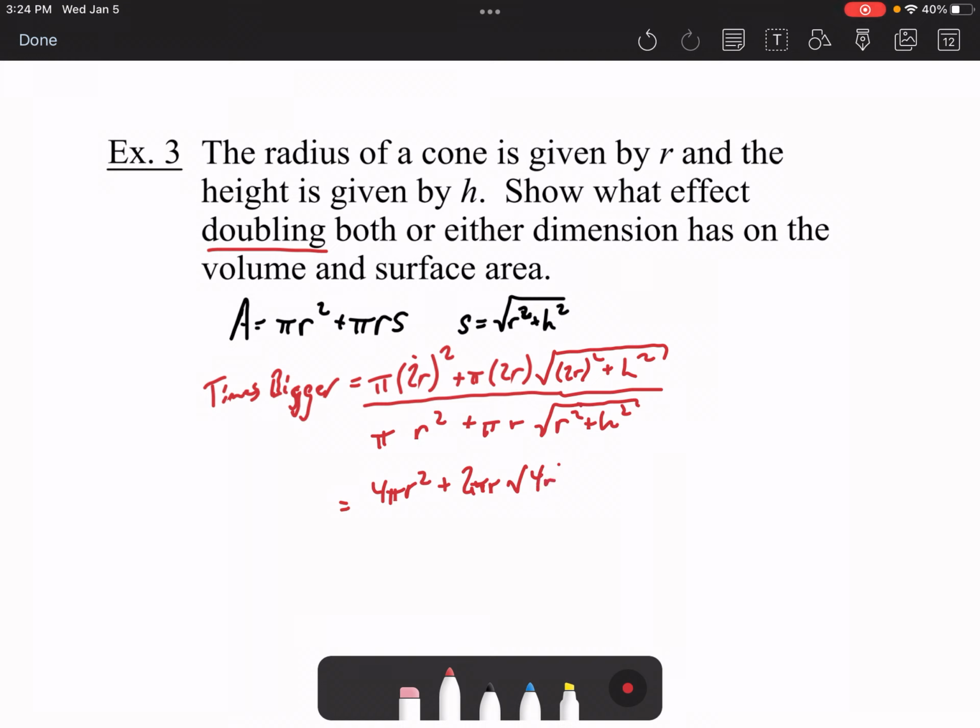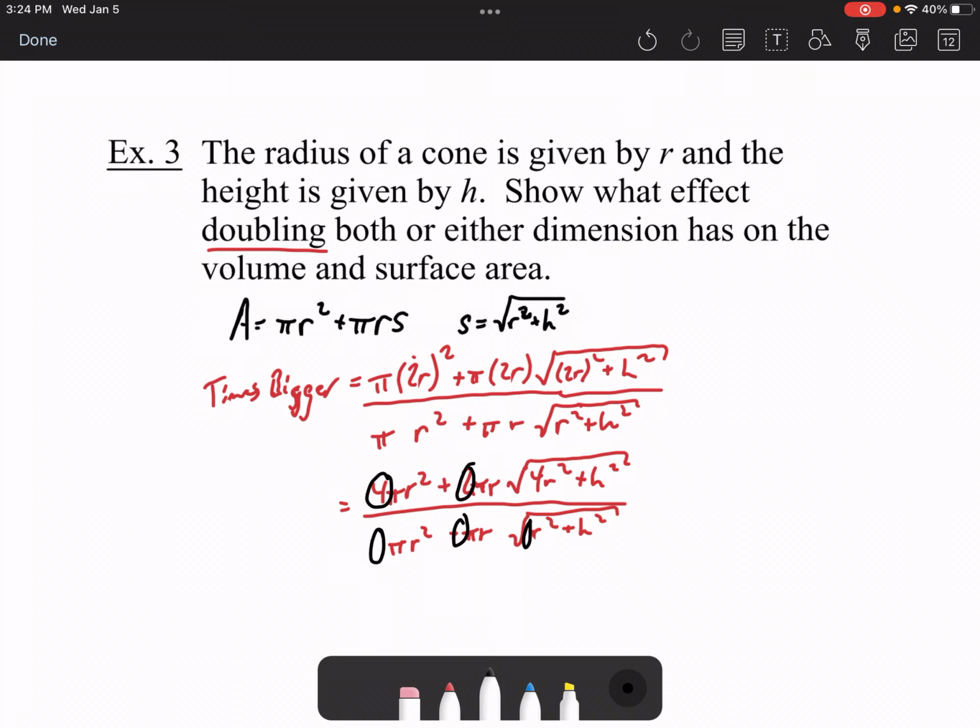This is going to be 4r squared plus h squared, which we don't relate in any way. So as you can see, this value is 4 times bigger, but this piece is 2 times bigger, and this one's 4 times bigger. So there's no actual relationship between the two if you just double the radius.